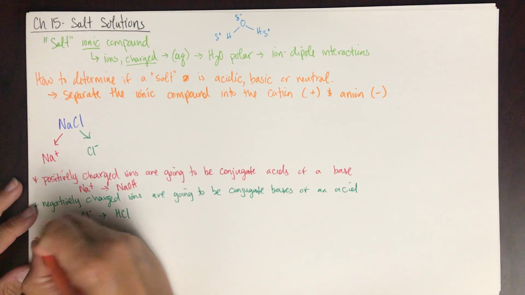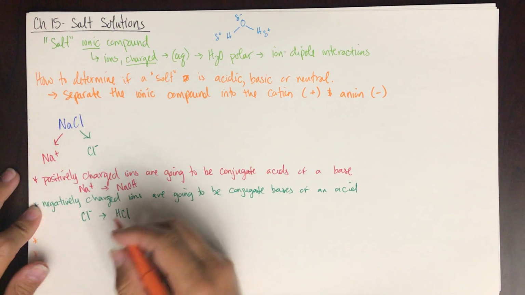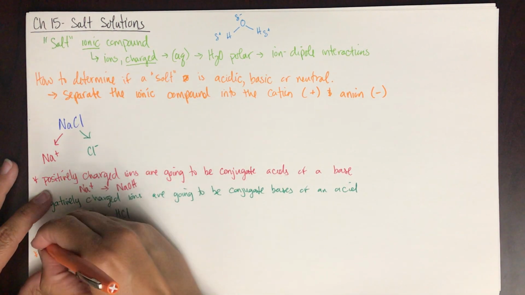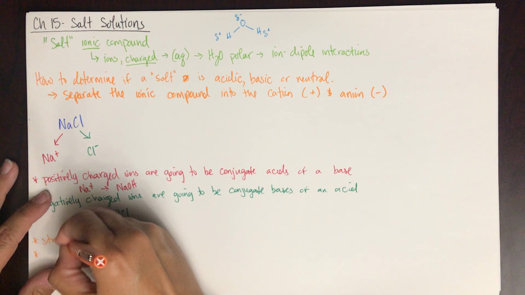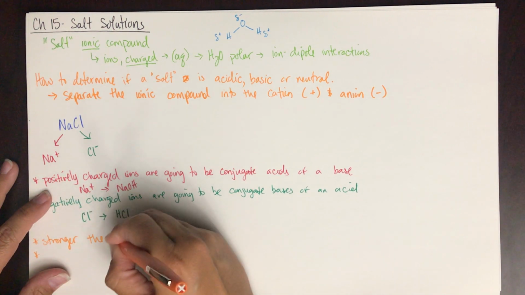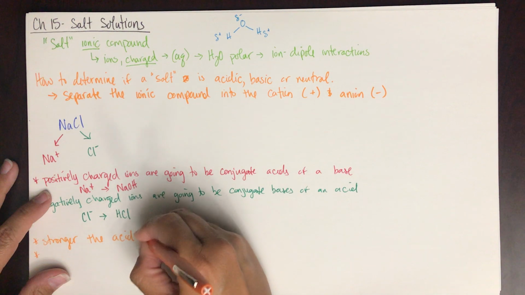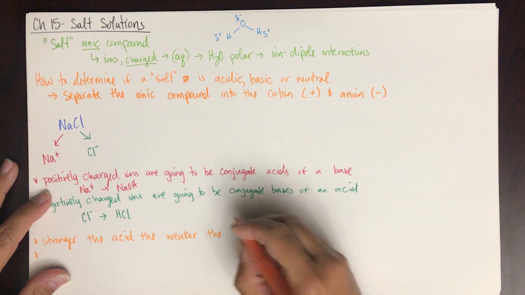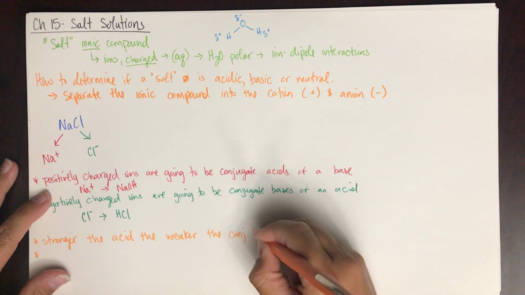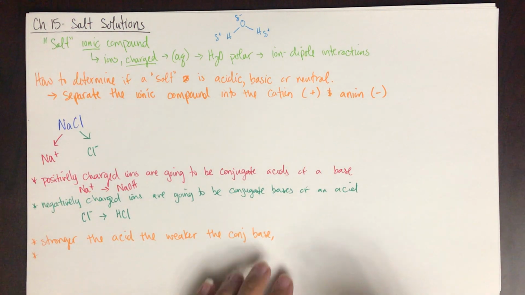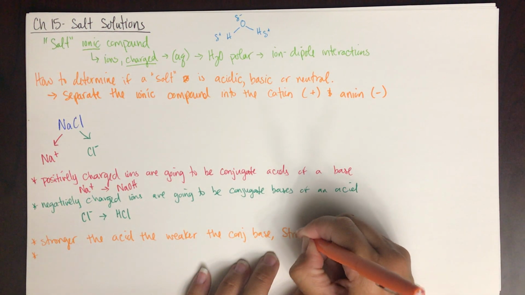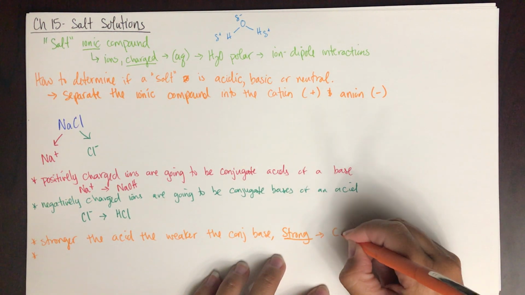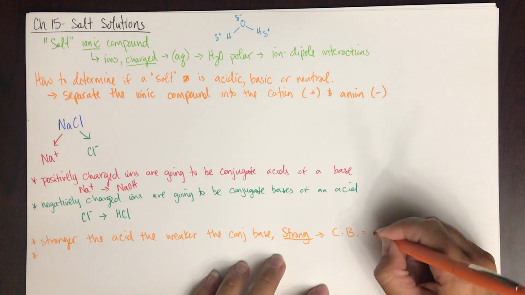So here are two rules. The first rule is the stronger the acid, the weaker the conjugate base. So, for example, strong acids, like the 6 strong acids, their conjugate bases are neutral.